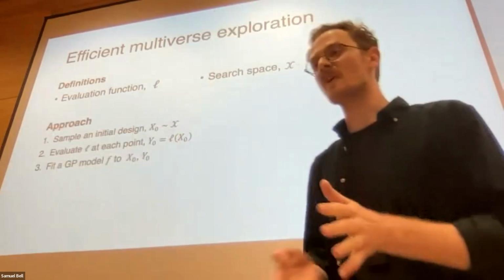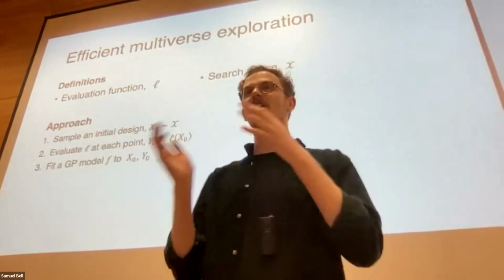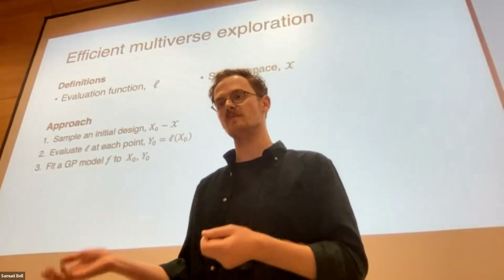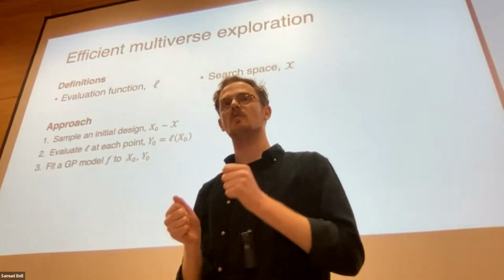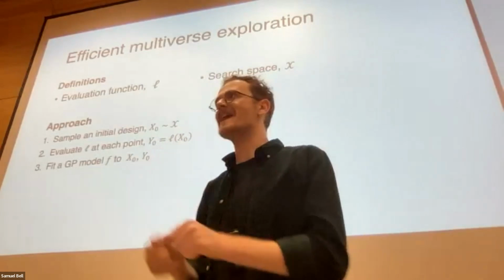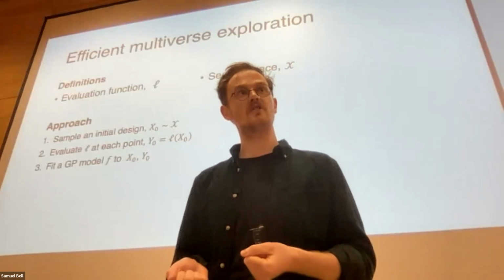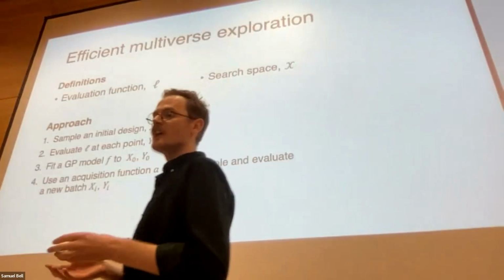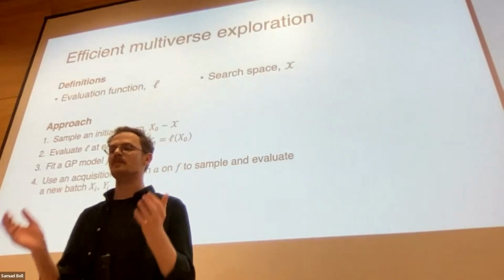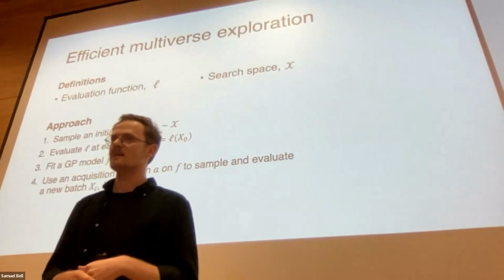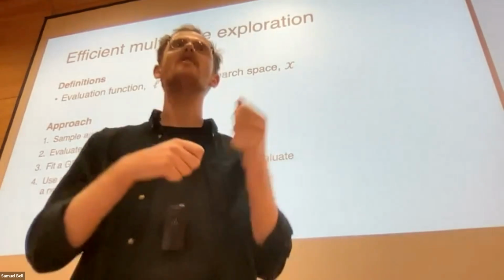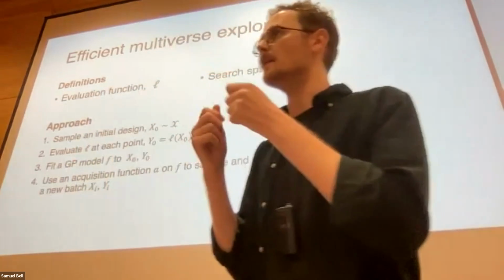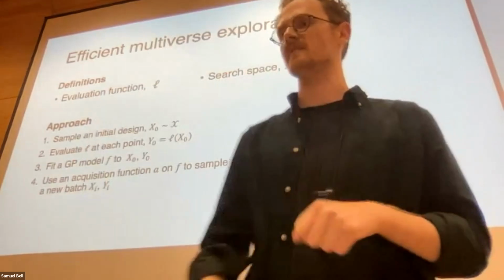As you might have imagined, we're going to fit a GP model F to x0, y0. The point there is that we let this model model the relationship between researcher decisions and conclusions. And then we're going to use an acquisition function A on F to sample and evaluate a new batch. That's going to tell us what other sets of decisions, what other choices we want to test next.